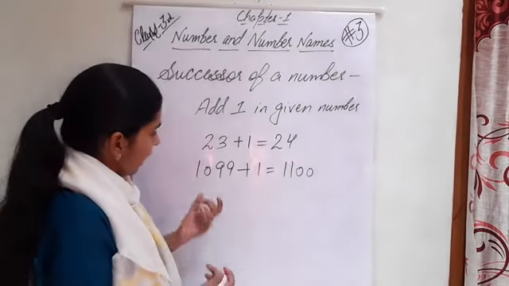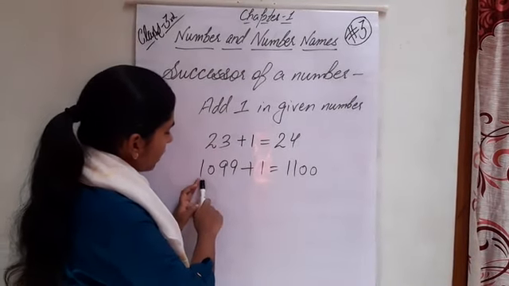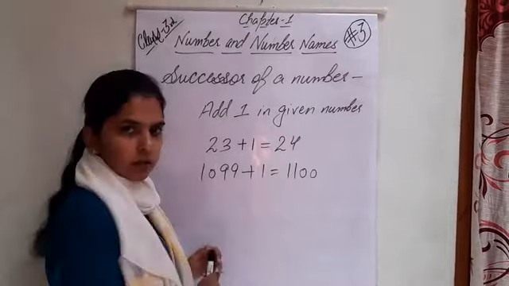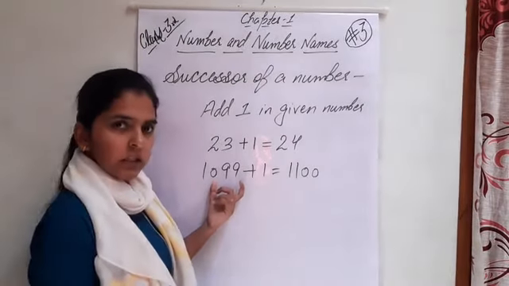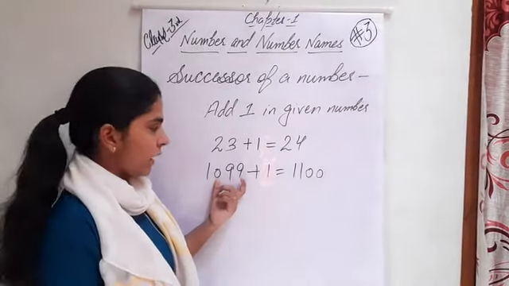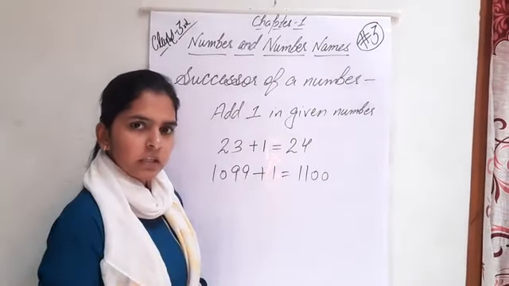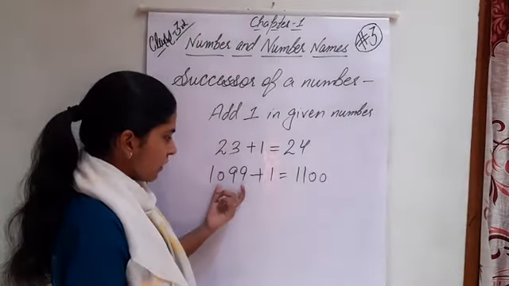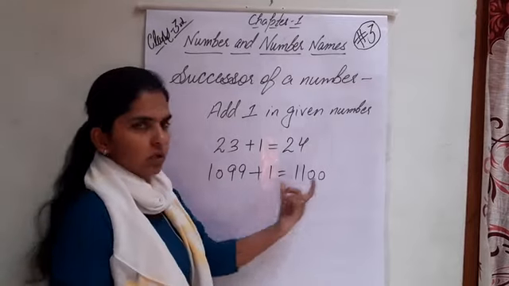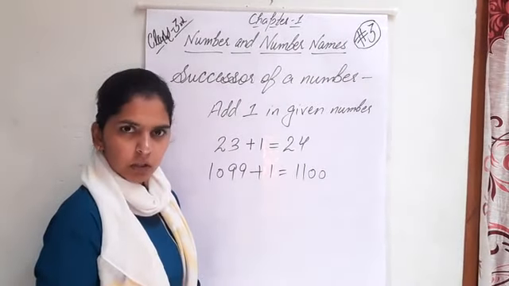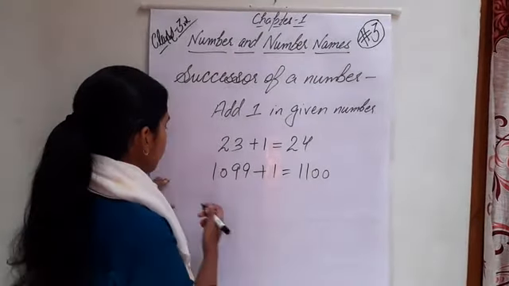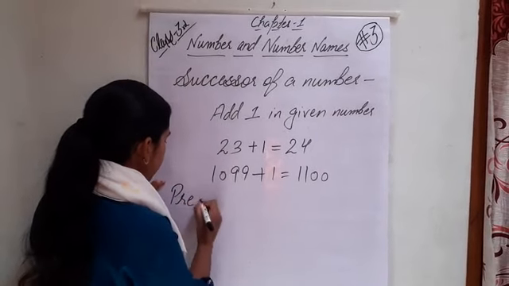See, as I am reading this number, 1099, this number is 99, right? So the next number of 99 is 100. So the successor of this number will be 1100.